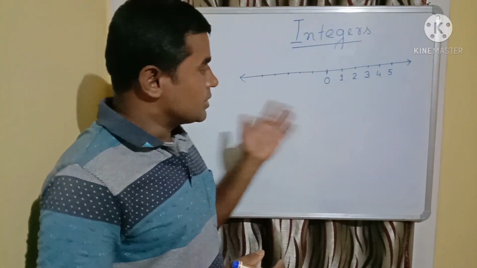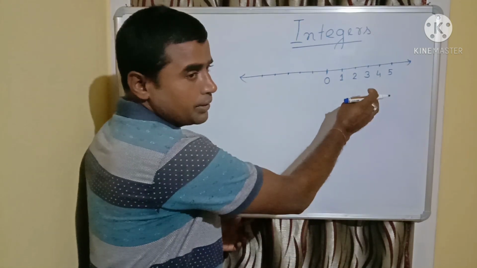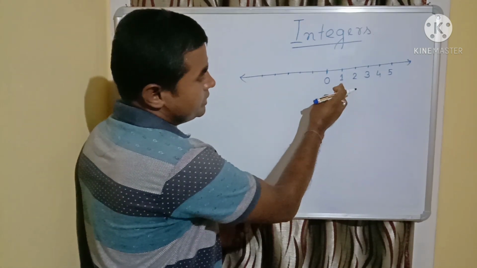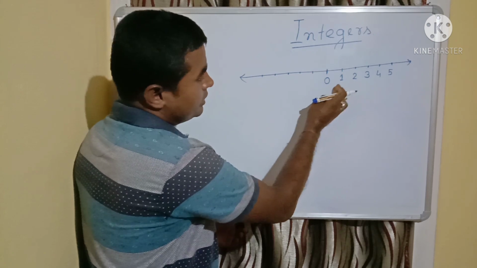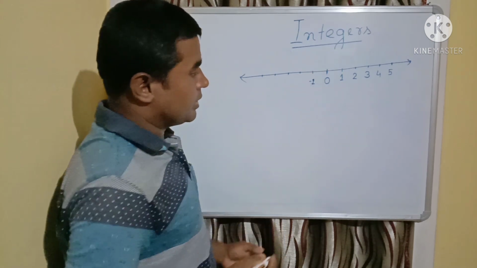On the left side of 0 are the negatives of the whole numbers. Where on the right side it is 1, at the same distance on the left side it is minus 1.